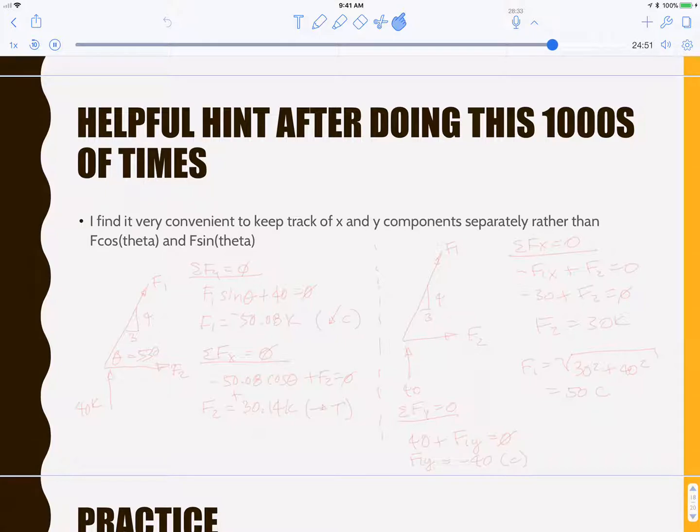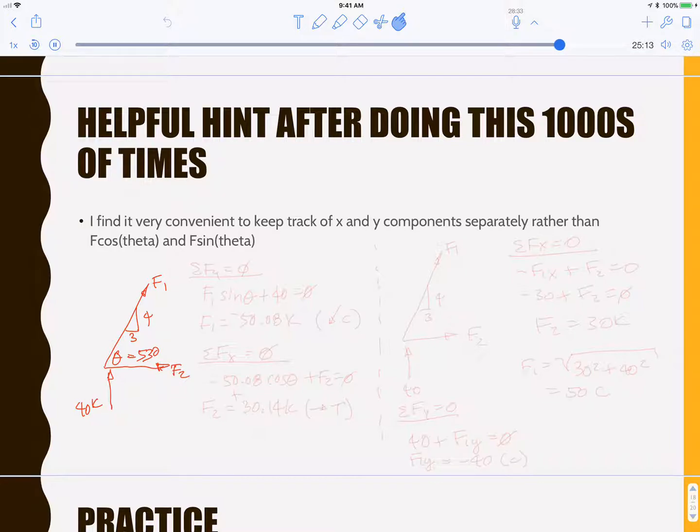Let's say you have a truss that looks like this, and here's a joint, and you have a reaction of 40 kips coming up, and this is a 4-3 slope, which makes theta 53 degrees. Let's say that's F1 and F2.